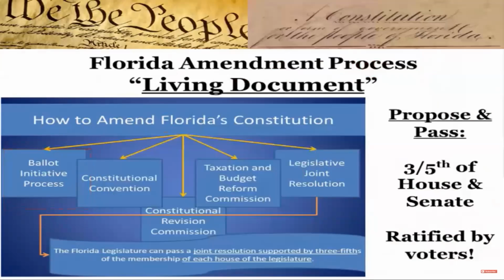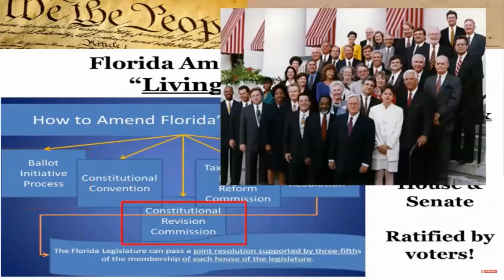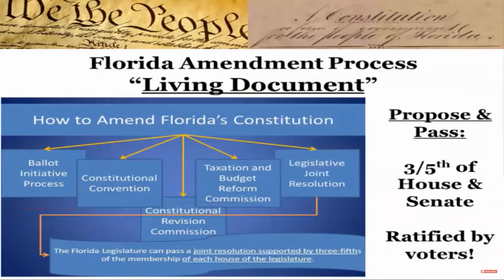There is a Constitutional Revision Commission that meets every 20 years to suggest amendments or changes to the state constitution. The state legislature can pass amendments known as joint resolutions by a 3/5 vote of both houses. So unlike the U.S. Constitution, there are many ways to amend the Florida Constitution, and way more amendments get passed.